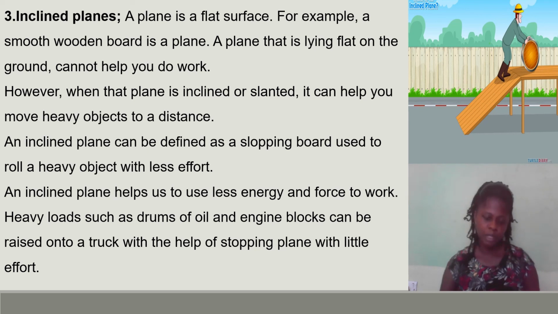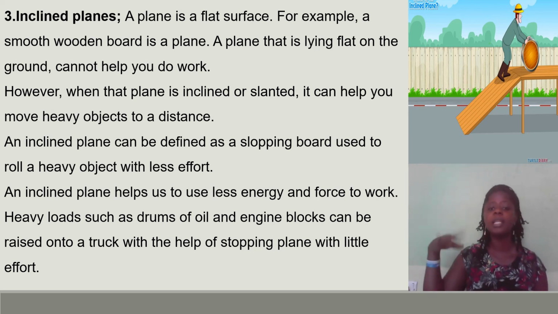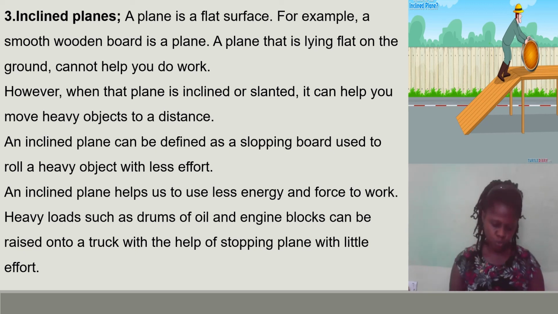An inclined plane can be defined as a sloping board used to roll a heavy object with less effort. Inclined planes help us to use less energy to do work. A heavy load such as drums of oil and engine blocks can be raised onto a truck with the help of a sloping plane.